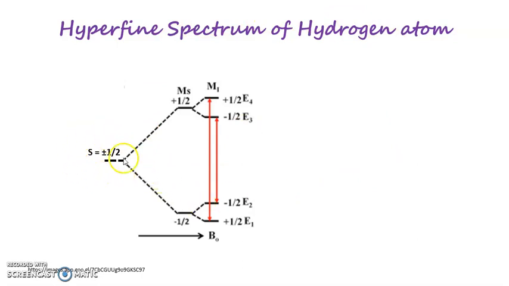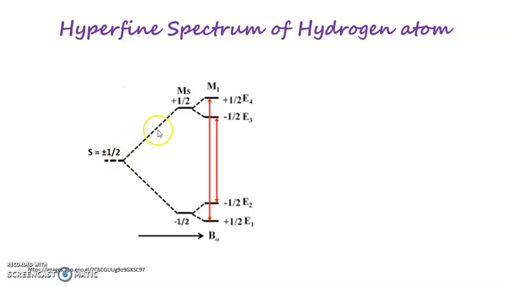The hydrogen atom, as we all know, contains one unpaired electron with Ms equal to plus or minus half, degenerate levels. Here there is a proton with spin half and a nuclear spin of I equal to half. In a hydrogen atom there must be a nucleus, a proton, and an electron.